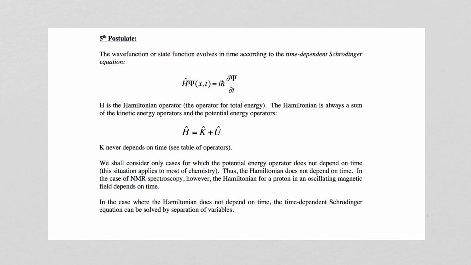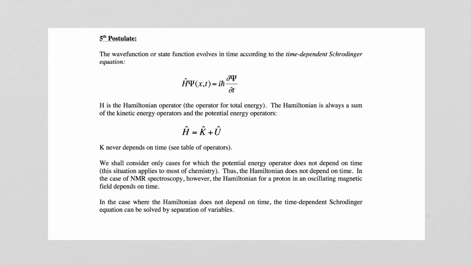One thing to note is that our kinetic energy never depends on time. And actually, since 99% of chemistry is time independent for our potential energy operator, most of the semester we will concern ourselves primarily with what we call the time independent Schrödinger equation.